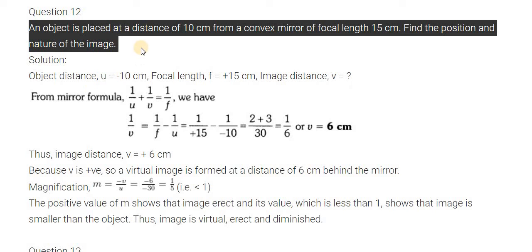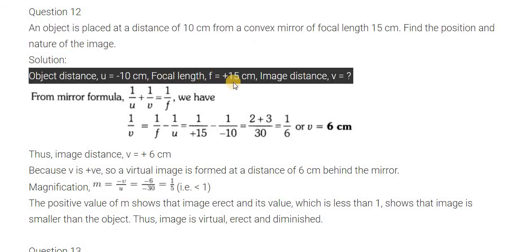Now the object distance is given, it's minus 10, and here the convex mirror, so we have to take f as plus 15 centimeter, and we have to find out the position, means the position of the image, means v. As we have the formula of mirror, 1 by u plus 1 by v is equal to 1 by f.